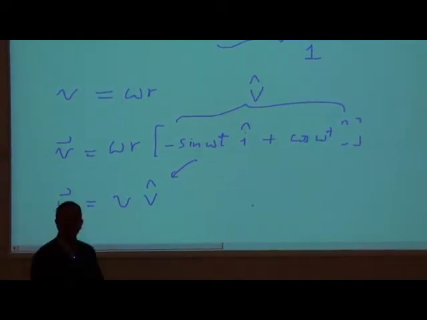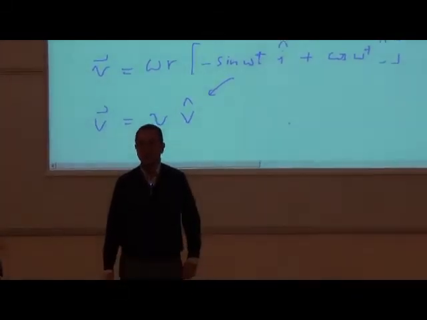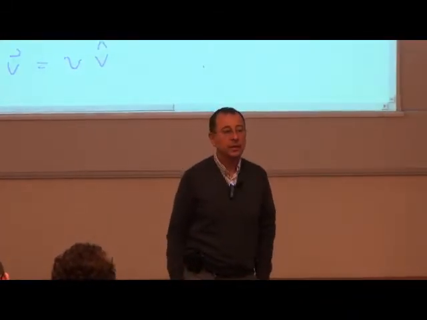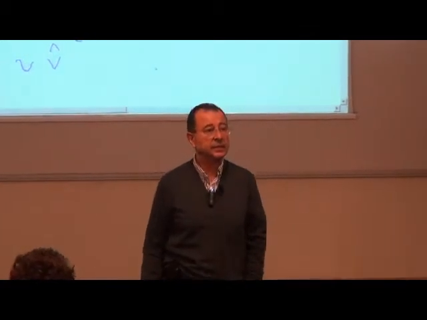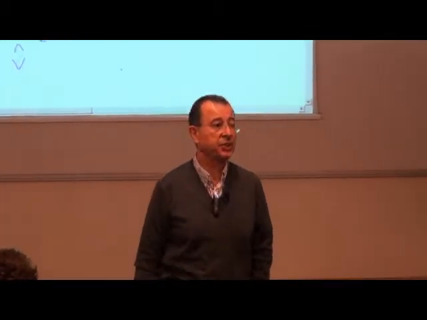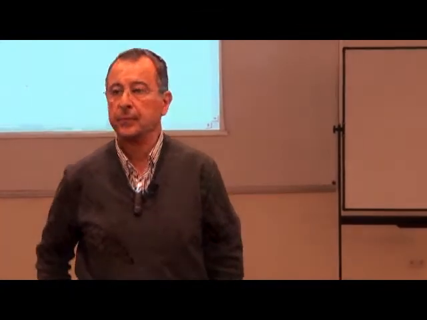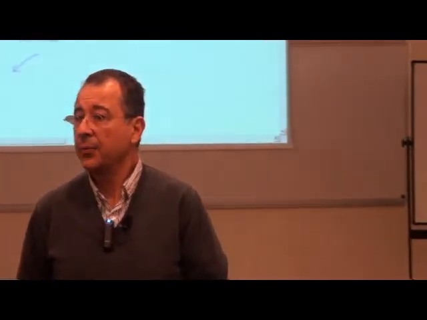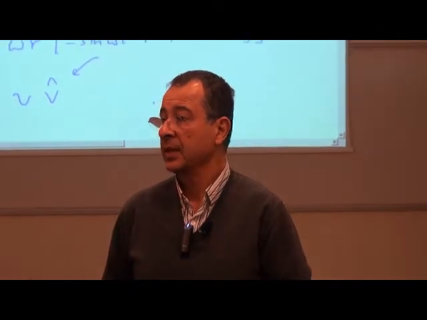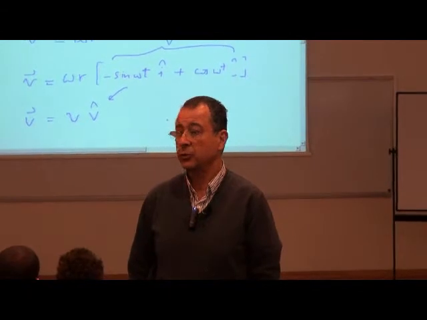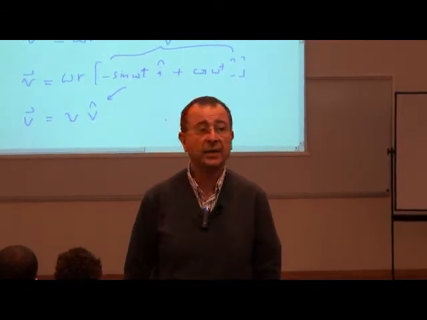This is very simple stuff, but see what we have learned. By taking the derivative of the position vector, I have found the velocity vector. The absolute value, the magnitude of the velocity vector, I have found to be omega r. This I already knew before.